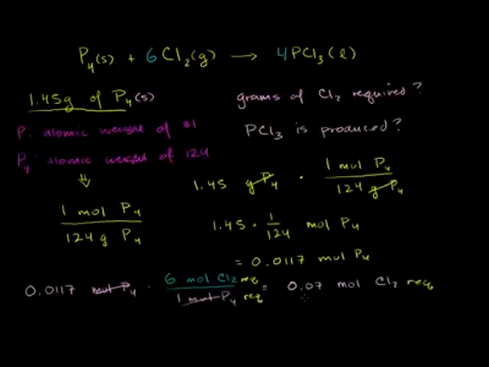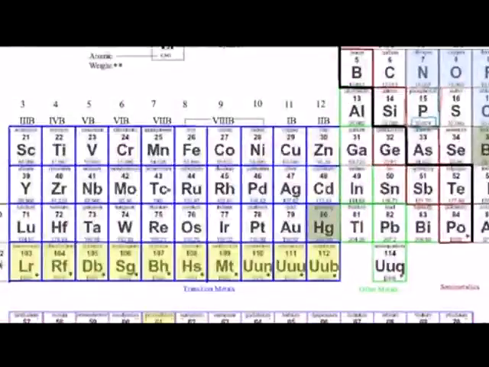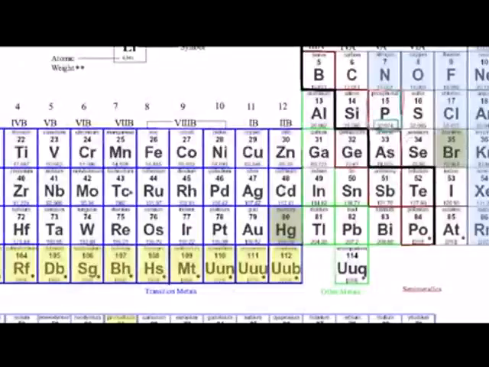So we're almost there. We figured out that 0.07 moles of chlorine gas are required. But what we want to find out is how many grams of chlorine gas are required. So we just have to figure out how many grams there are per mole. So let's look at chlorine. Chlorine is off here to the right. This is a super huge periodic table.